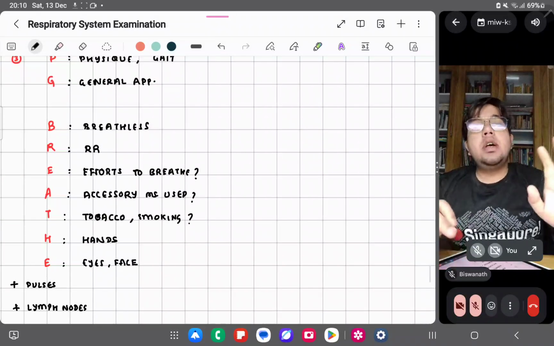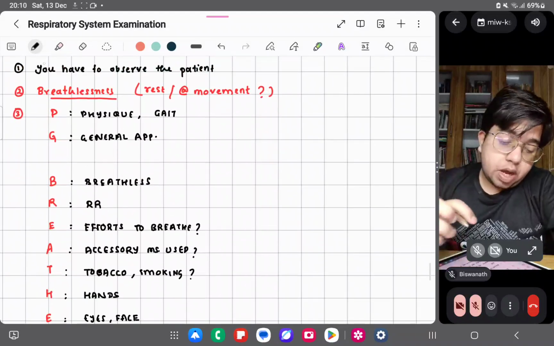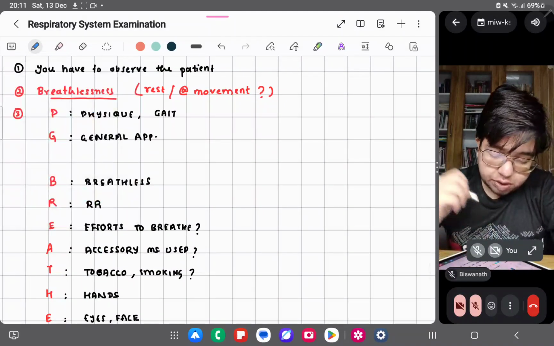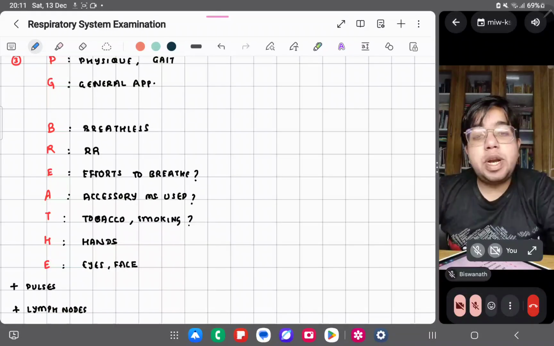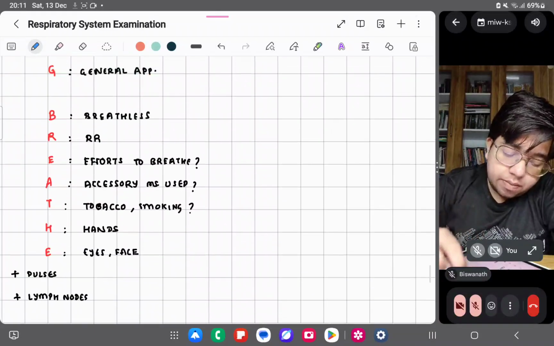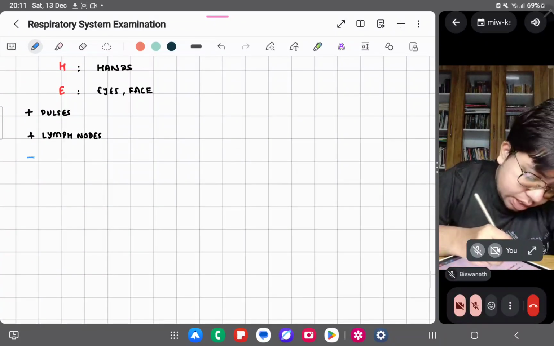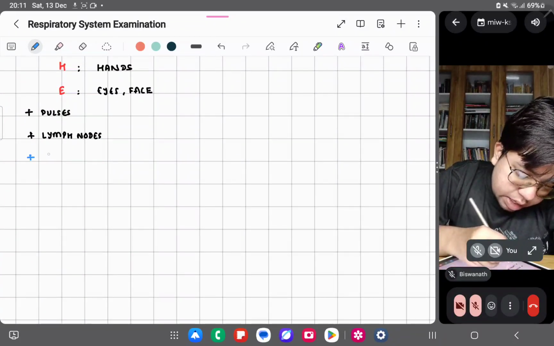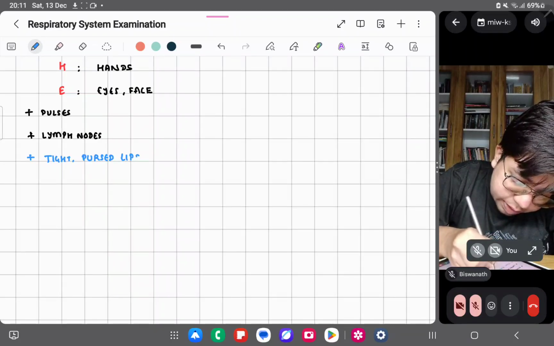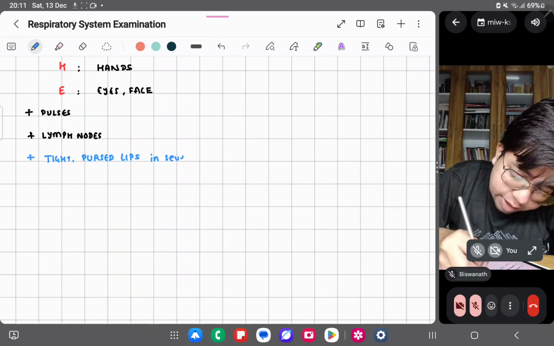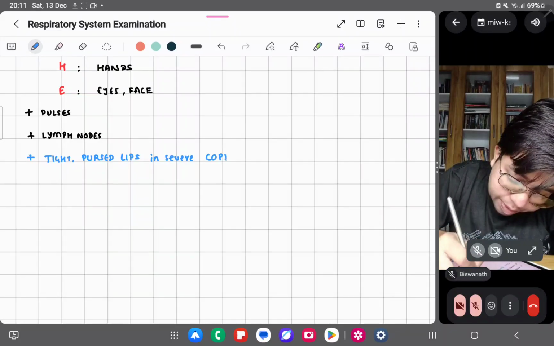Okay, now I have some conditions. If a patient has severe COPD, then remember, you can add here, the patient will have tight pursed lips in severe COPD.